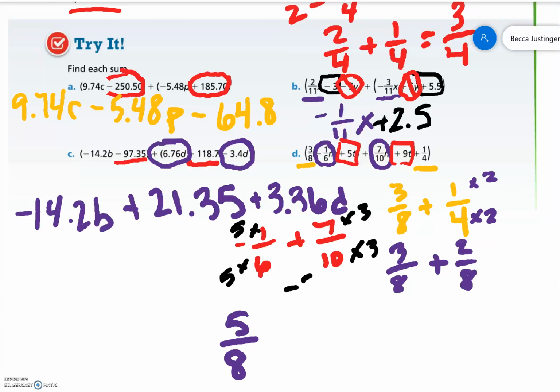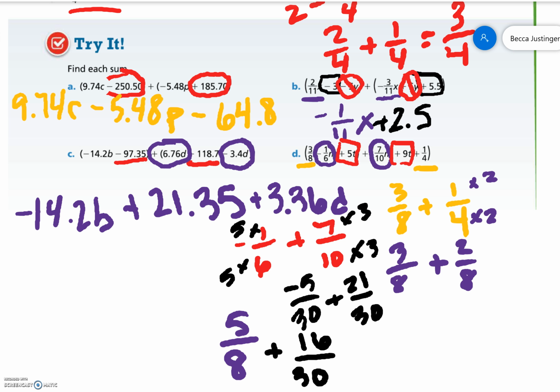So that gives me negative 5 over 30, plus 21 over 30. Oops, negative 5, hopefully someone caught that. So negative 5 plus 21 equals positive 16 over 30. And that is m. And then 5t plus 9t equals 14t.